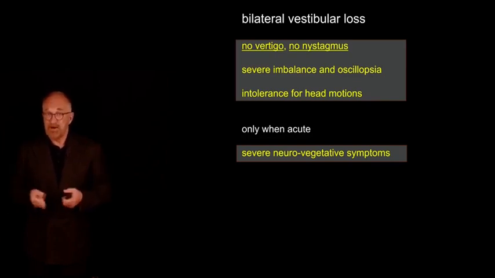There was severe imbalance and oscillopsia and an intolerance for head motions. And only in this situation, when it's acute, we see severe neurovegetative symptoms. If there is aging, for example, and there is a slow loss, these severe neurovegetative symptoms don't occur.